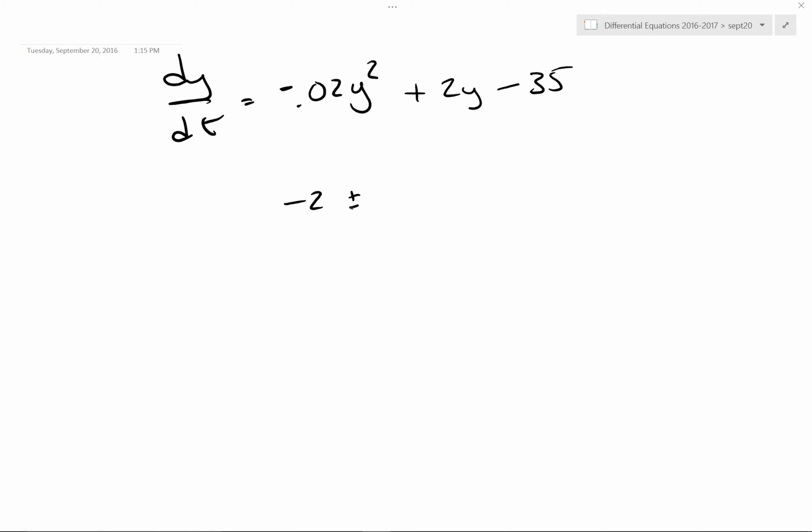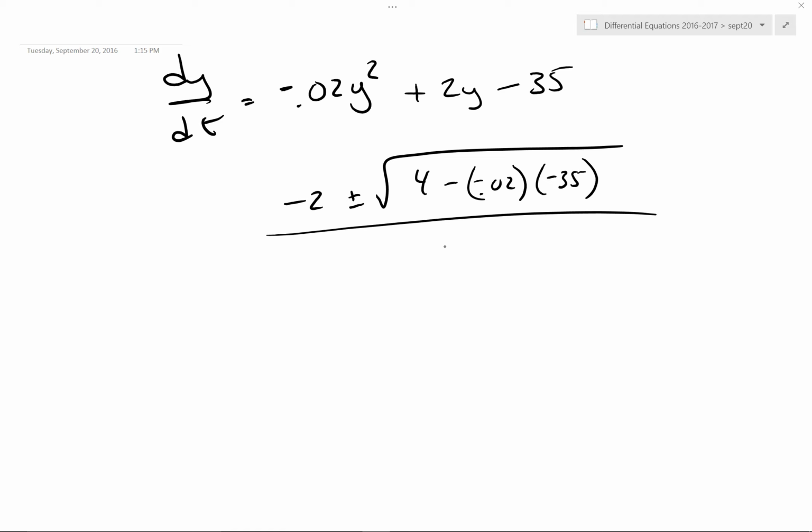So, dy/dt, of course, is negative 0.02 y squared, correct? Plus 2y, and then minus 35. How do I solve this? Negative 2 plus or minus the square root of 4 minus 4ac, all over 2a.